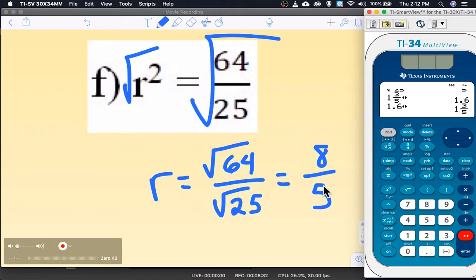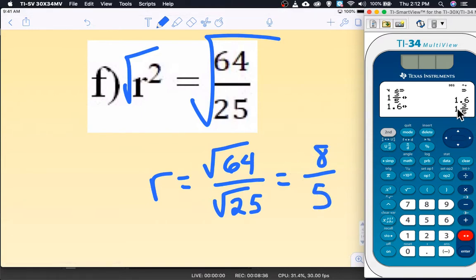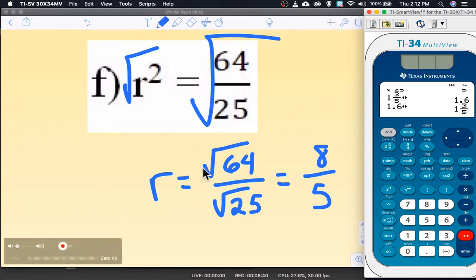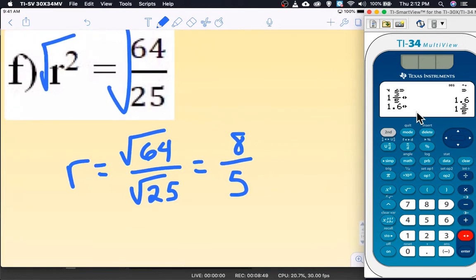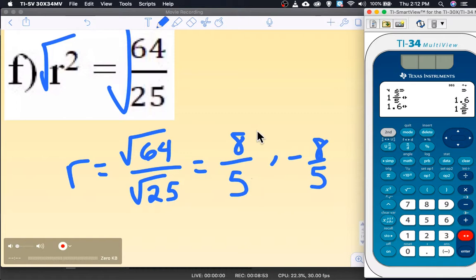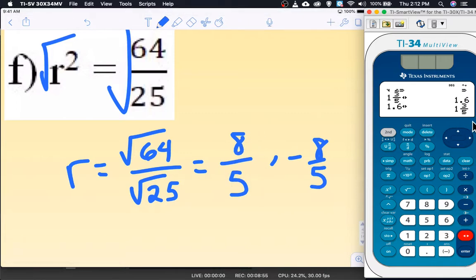And do you know what the fraction 8/5 is as a mixed number? It's 1 and 3/5. So that's what the calculator is doing. It square roots the top and square roots the bottom. And again, because it's a square root, you need both the positive and the negative. I personally like the improper fraction better than the mixed number, but both are okay.